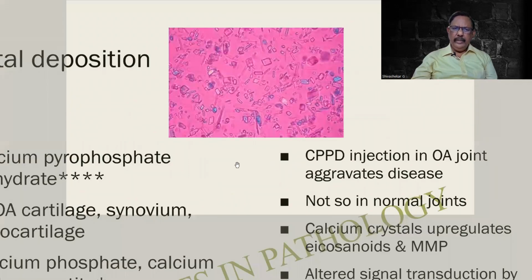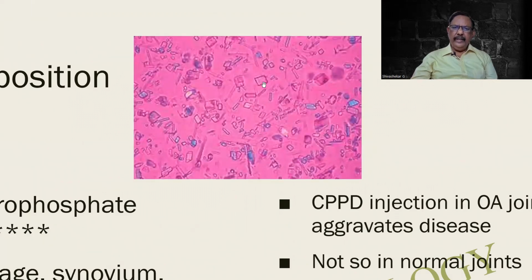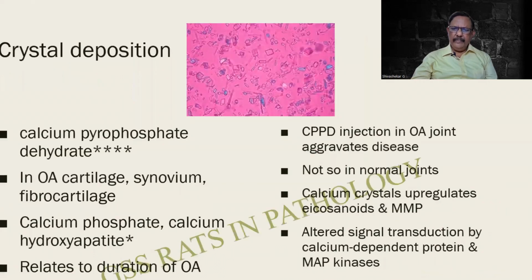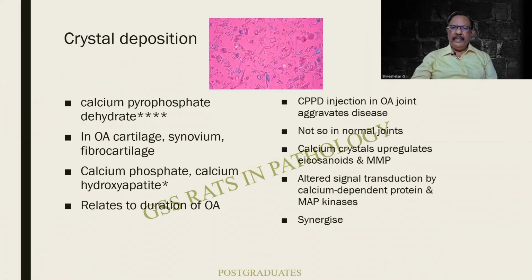In this case, I am not finding needle-shaped crystals as you see in a case of uric acid, gout, etc. But instead they are polygonal or hexagonal crystals. And incidentally, experimentally, they have seen that the injection of this particular material into the joint space in osteoarthritis aggravates it. That is how they have diagnosed it.